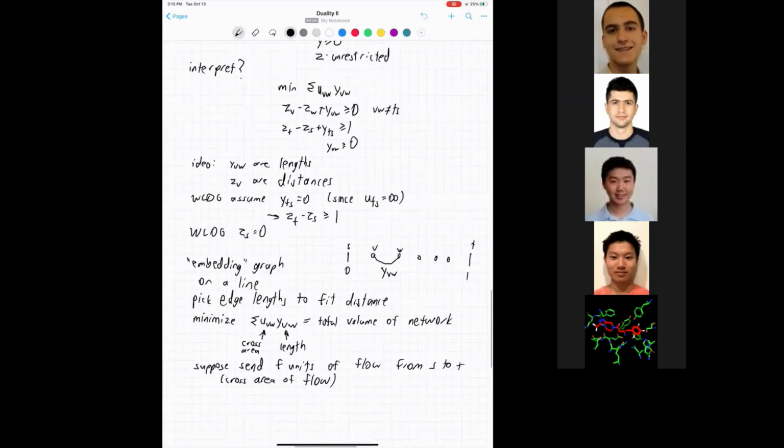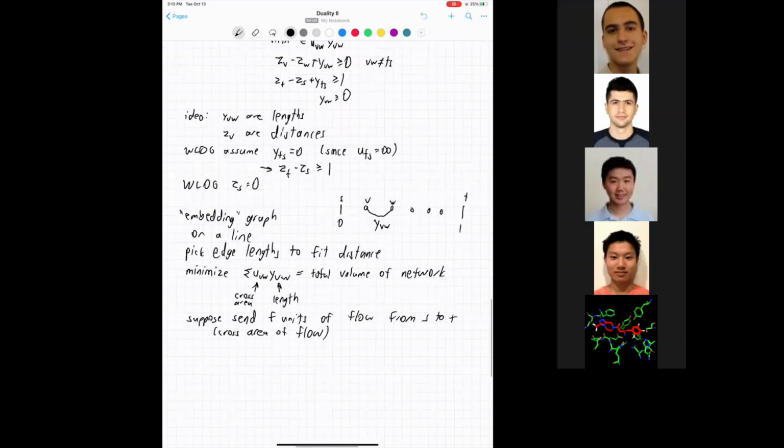Because of the way that we've embedded the network, that unit of flow is one unit of length long, and also has 1 unit of cross-sectional area. So the volume of that unit of flow, which is being sent from S to T, is 1.